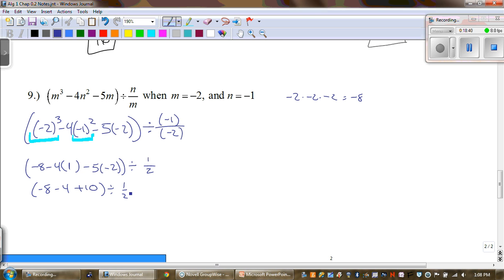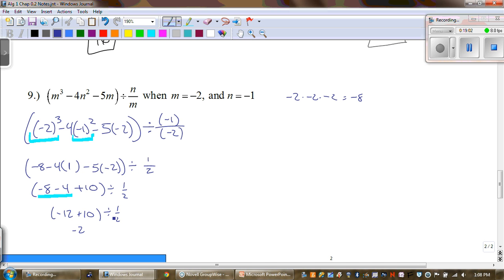Okay. Let's combine some like terms. We can add those two together. We get -12 plus 10, divided by 1/2. And then finally, -12 plus 10 is -2.